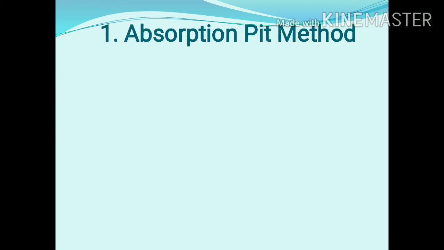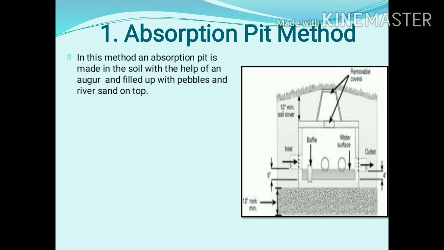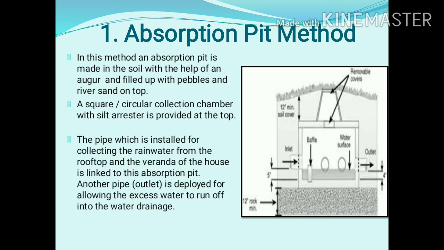First part of artificial recharging method is absorption pit method. In this method, an absorption pit is made in the soil with the help of an auger and filled up with pebbles and river sand on the top, as shown in the figure. A square or circular collection chamber with silt arrestor is provided at the top.